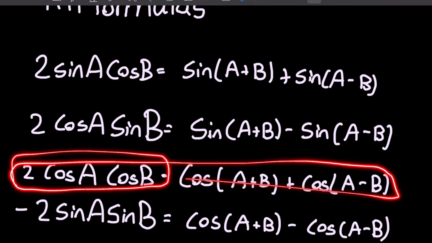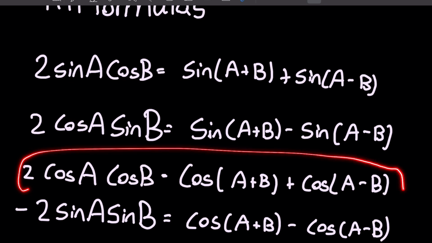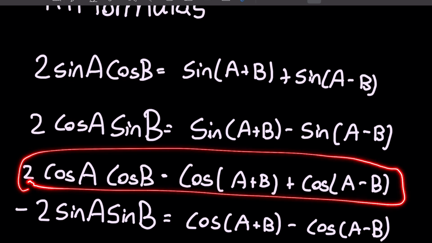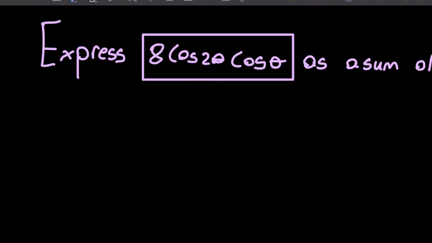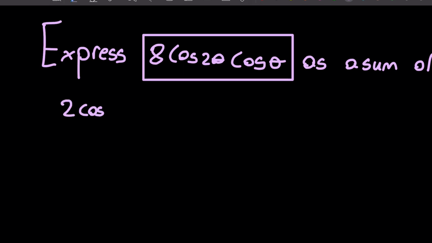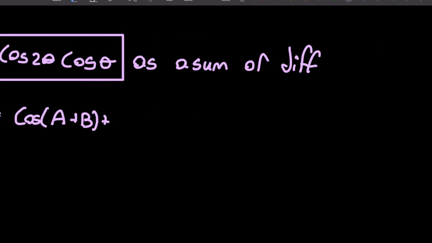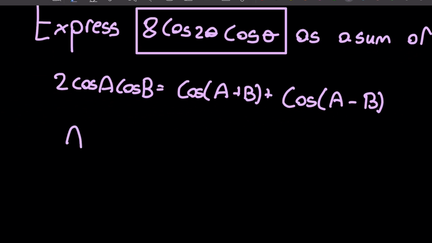So we have 2 cos A cos B is equal to cos A plus B plus cos A minus B. In this case, they gave us A is equal to 2 theta and B is equal to theta.